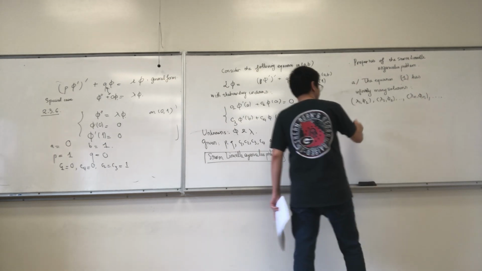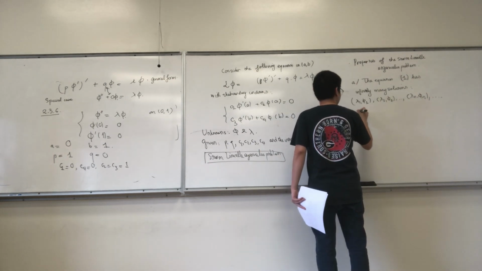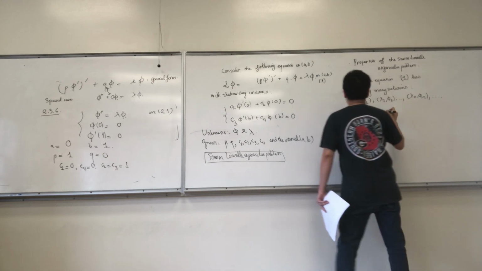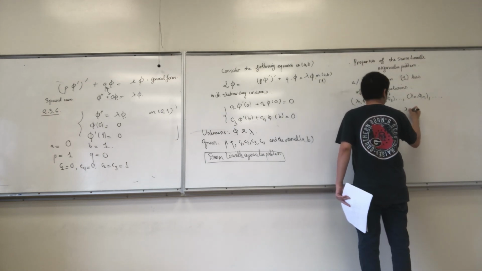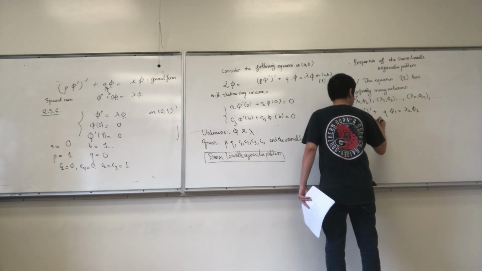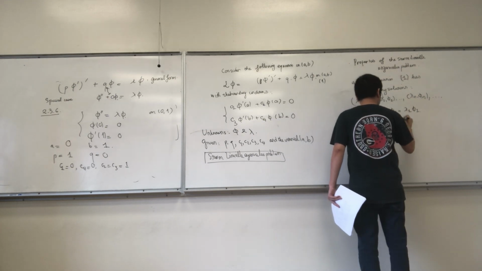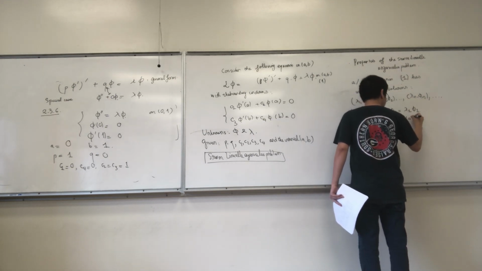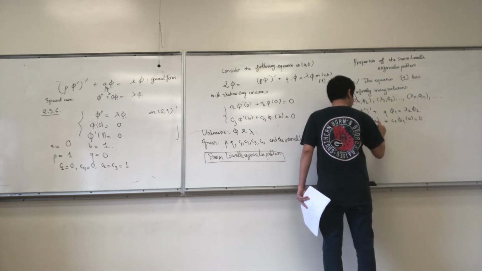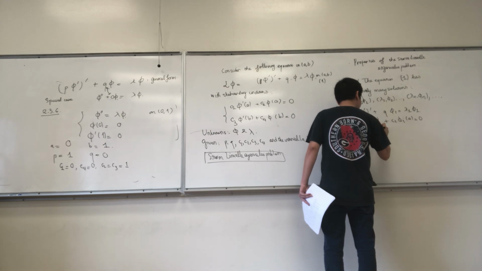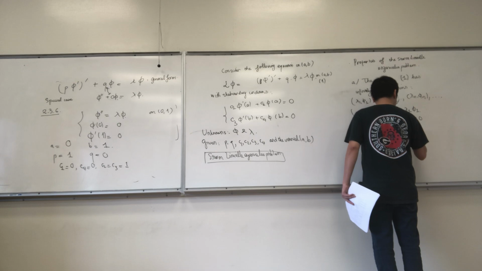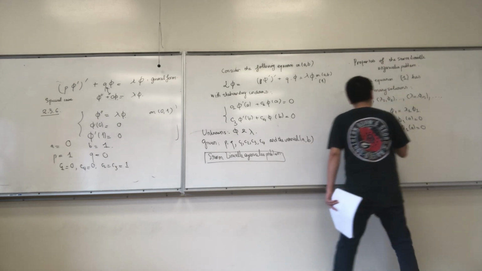And so you have p phi 1 prime prime plus q phi 1 is lambda 1 phi 1, and then you have c1 phi 1 prime at a plus c2 phi 1 at a is 0, and c3 phi 1 prime at b plus c4 phi 1 at b is 0.